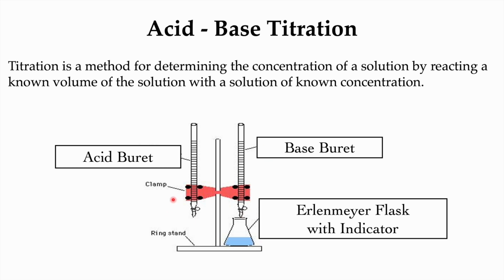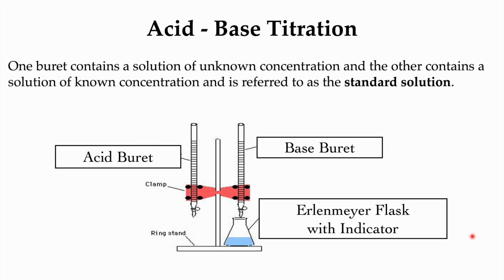Burettes are special because they are graduated in such a way to show us how much liquid is dispensed from the burette. So the numbering is going to be inversed on them. So the acid is going to be in one burette, the base is going to be in another, and then you're going to have an Erlenmeyer flask that also has some kind of indicator in it.